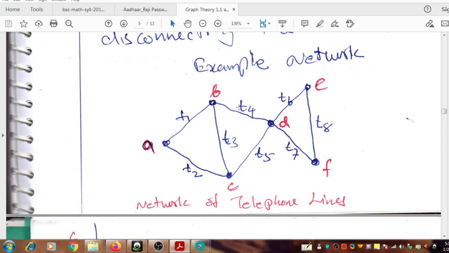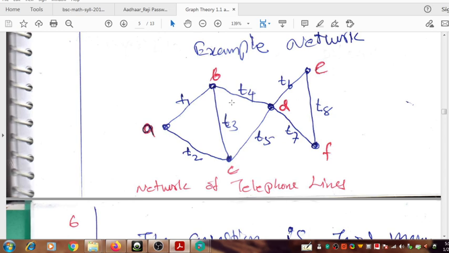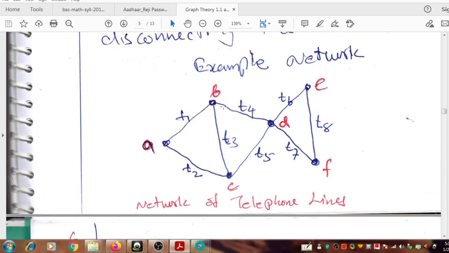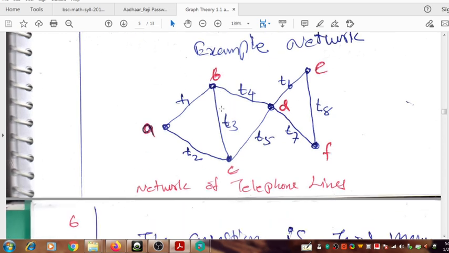Eight edges are there in the graph, so we can call this figure a graph. You can write the vertex set and edge set of this graph. But in this problem, for the time being, we will call this a network.